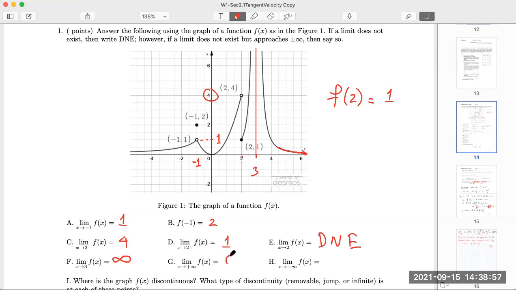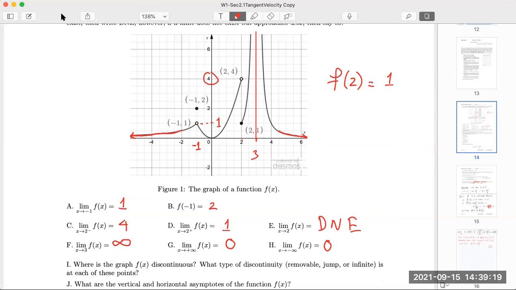It is 0, the same thing. If x goes to negative infinity, it follows this path and comes closer and closer to 0. Okay? Are we good? So this part, we've done very well.